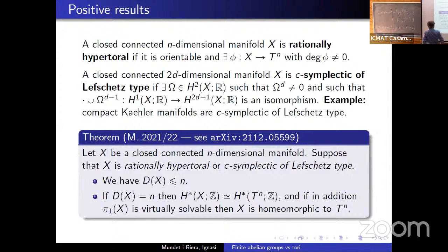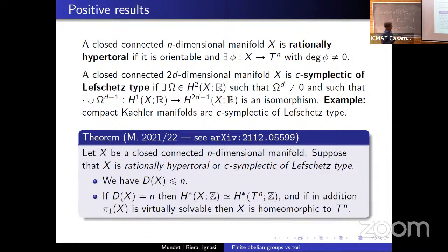Okay, so we have the following theorem. If X is a closed connected n-dimensional manifold, which is, say, rationally hypertoral or C-symplectic of Lefschetz type, then for this manifold, d of X cannot exceed the dimension of X. And furthermore, if d of X is equal to n, then the cohomology of this manifold is isomorphic as a ring to the cohomology of the n-dimensional torus.